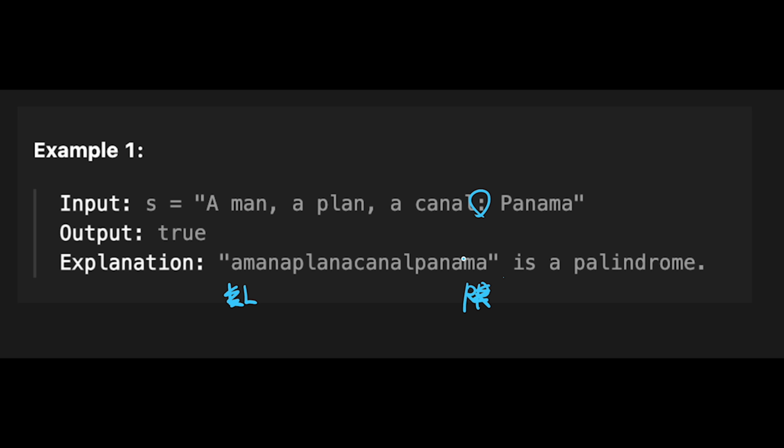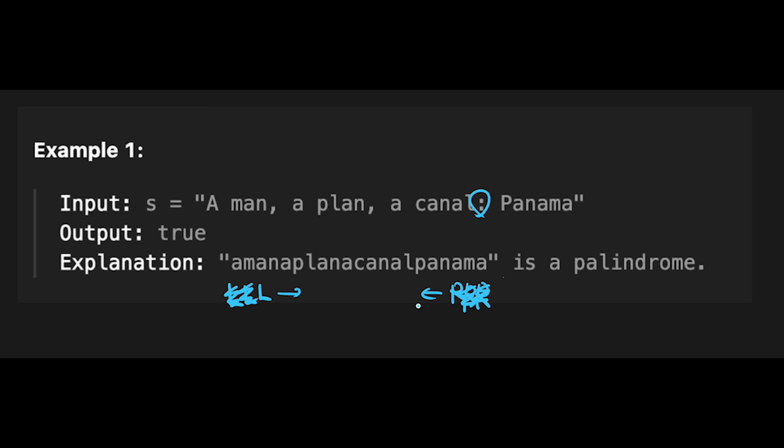So M and M, right? They are the same, so move left pointer to next, and move right pointer to next. And the next characters are A and A, they are the same. So move next and move next. And then when left pointer is greater than right pointer, we finish the iteration.